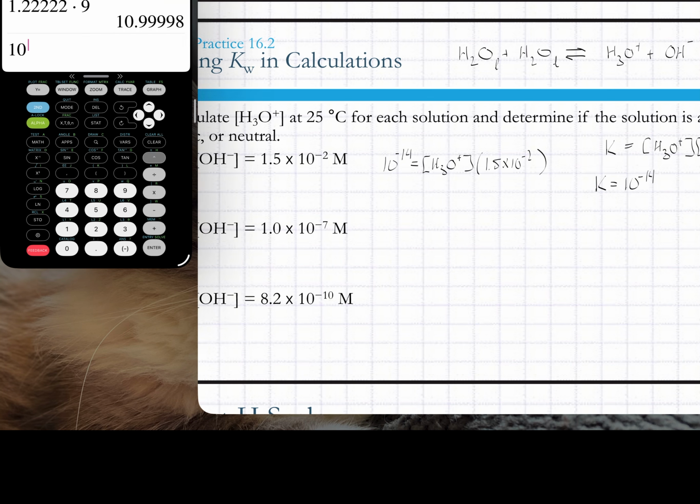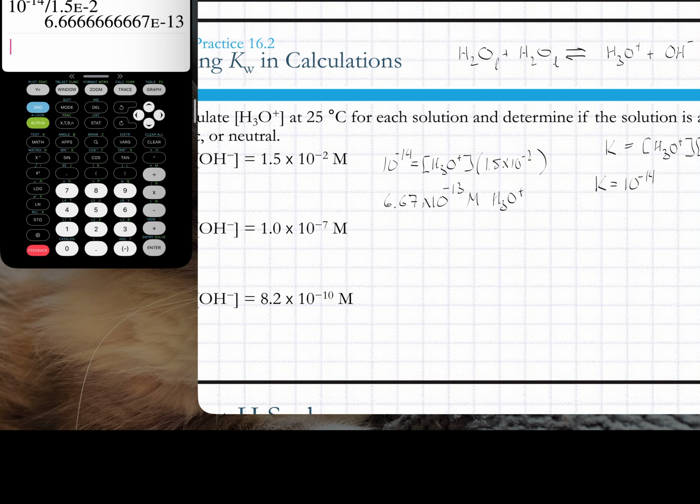So this is 10 raised to the negative 14 divided by 1.5 e negative 2. So this is 6 point, let's just do 6.7 times 10 to the negative 13 molar H3O plus.